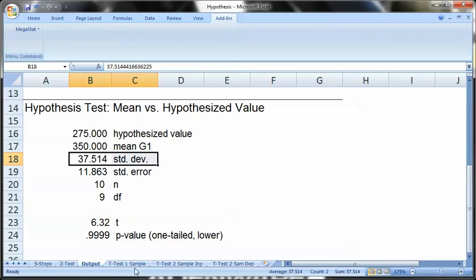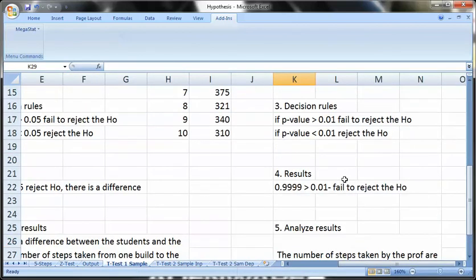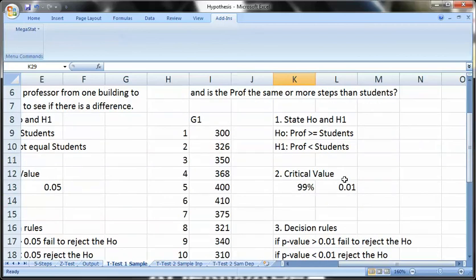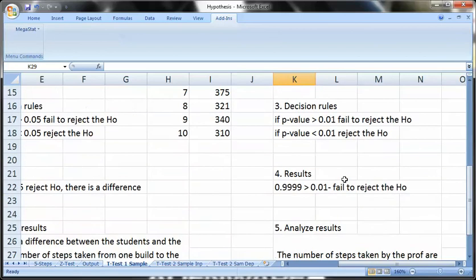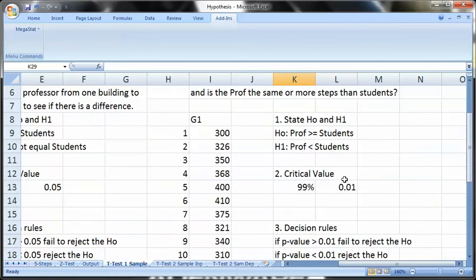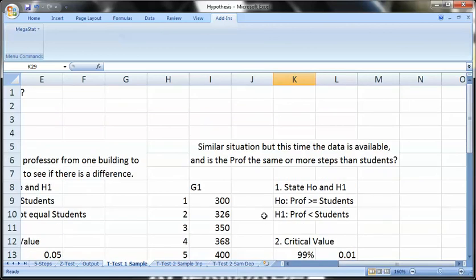Therefore, we fail to reject the null hypothesis. They're pretty much the same, or the professor may have bigger, but we're going to go for the same as each other. They're not statistically that different. Okay, so that is the t-test with one sample.